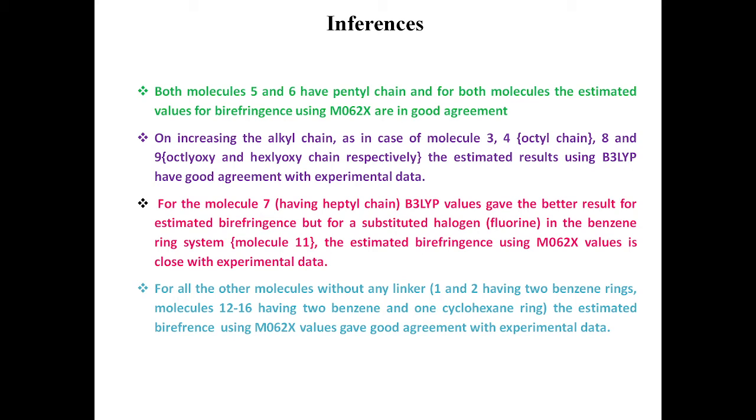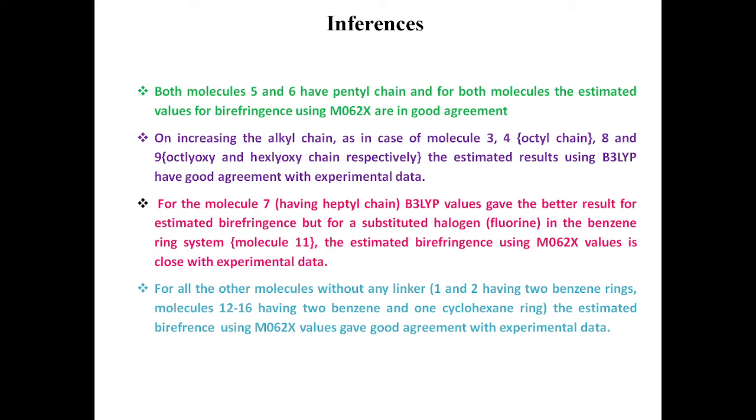For molecule 7, having a peptide chain, B3LYP values give the better result for estimated birefringence, but for substitution of halogen in the benzene ring, molecule 11, the estimated birefringence using the M06-2X value is close to 1.